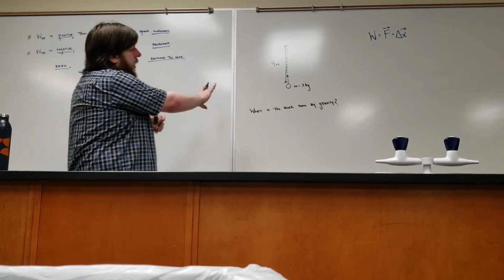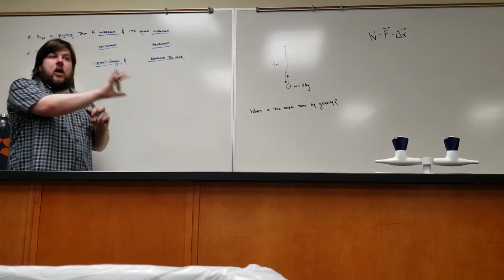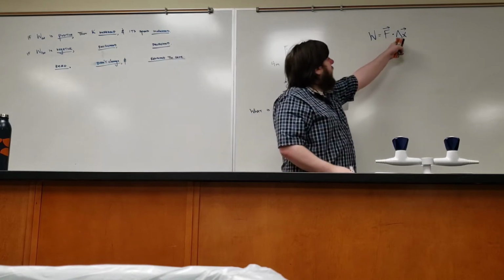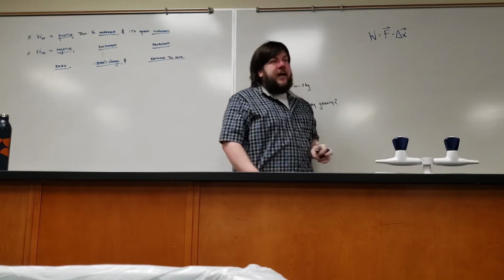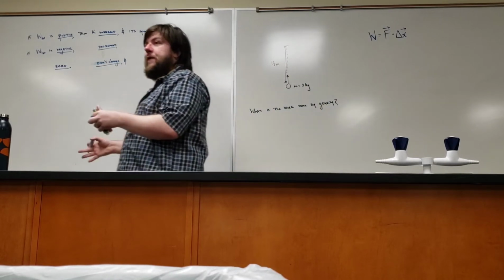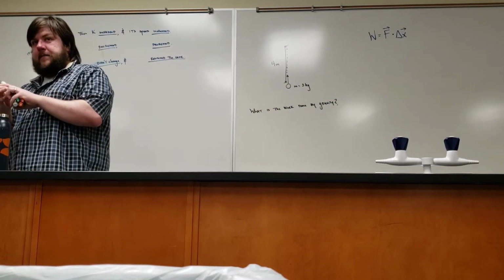In this scenario, like in most scenarios, we will know the 2 vectors, the force and the displacement. We will know them in magnitude and direction form, so I will use the magnitude and direction form of the dot product.